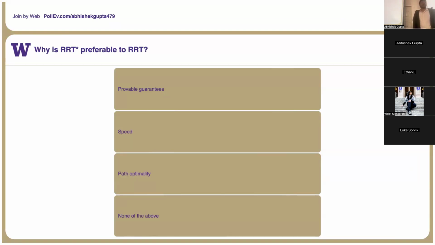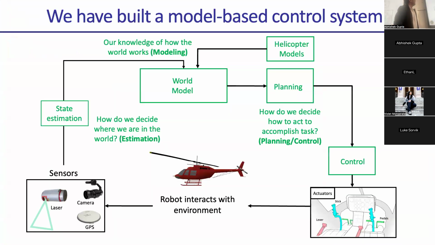Okay, let's keep going. It's because of optimality. RRT star gives you more optimal paths than RRT, which are shorter and smoother and so on.